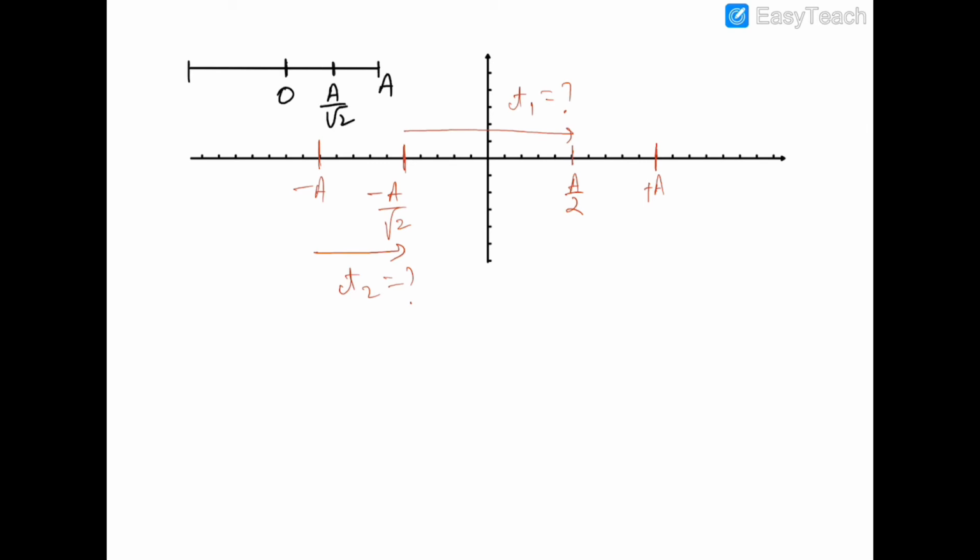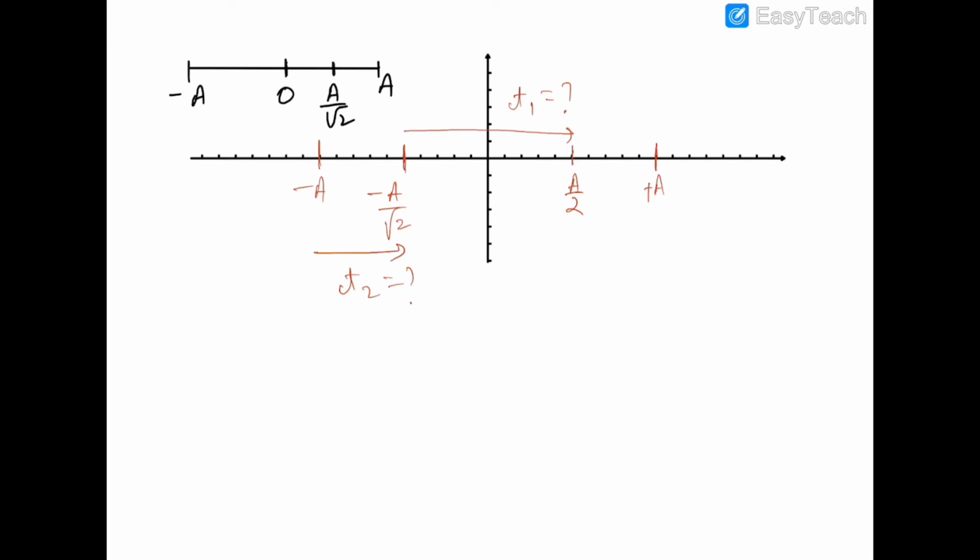And you should also know that the time taken by the particle to move from 0 to a by 2 is the same as the time taken by the particle to move from 0 to minus a by 2. And that would also be the same as the time taken by the particle to move back from a by 2 to 0.